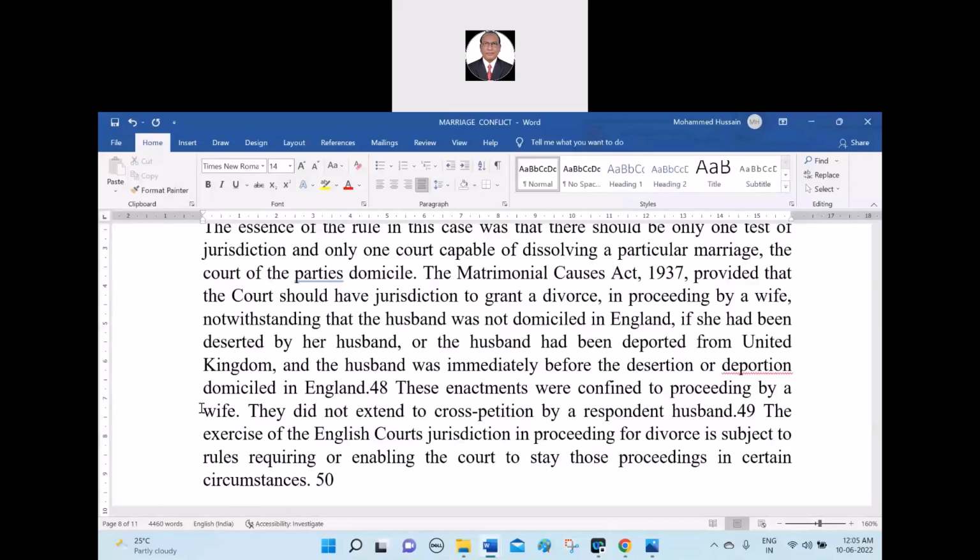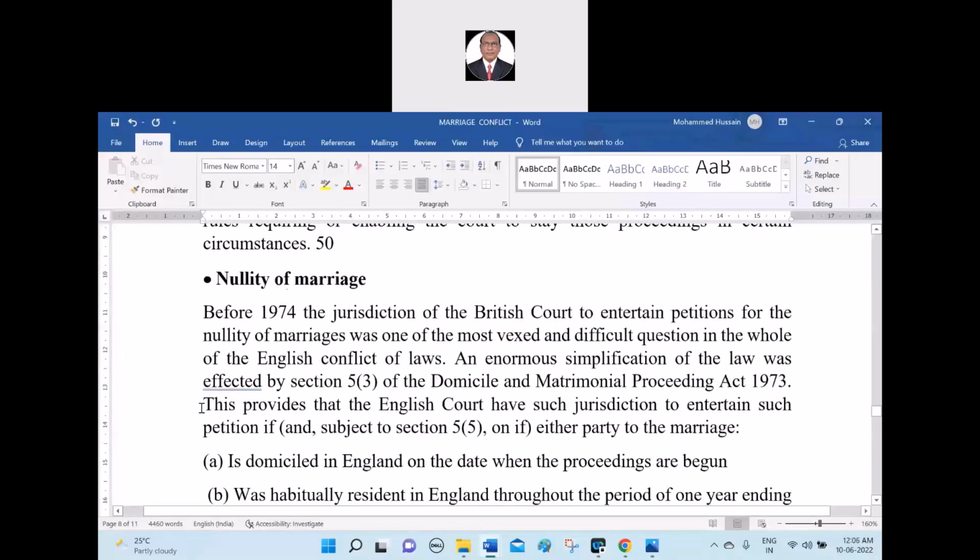Nullity of the marriage is concerned again. For a British court to entertain a petition for nullity of marriage was one of the most vexed and difficult questions. What is nullity of marriage in Tanzania? And on what grounds could nullity of marriage be taken into consideration?